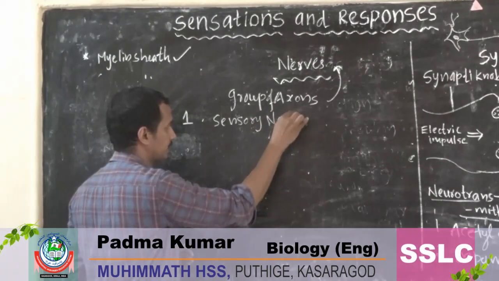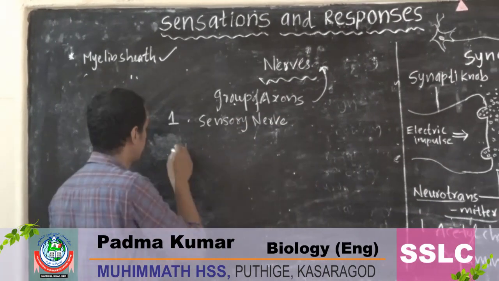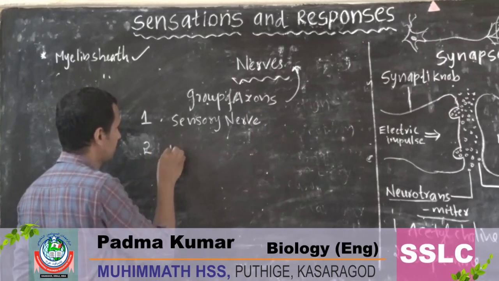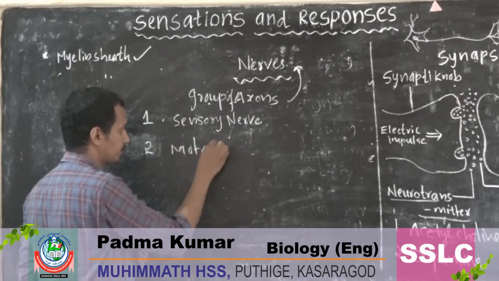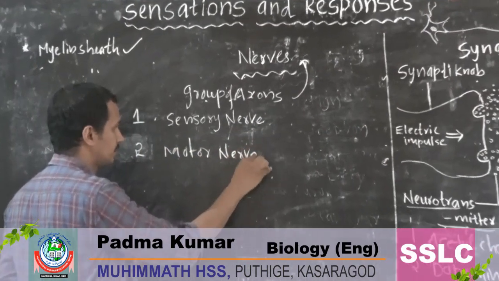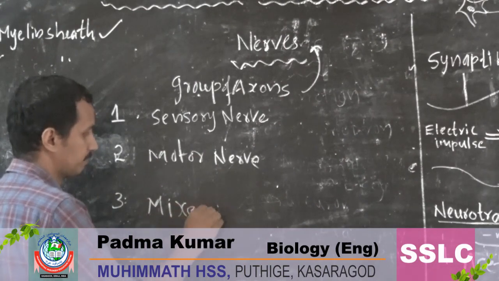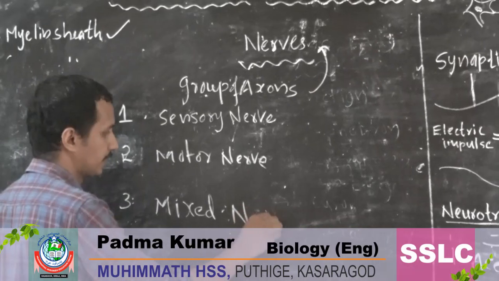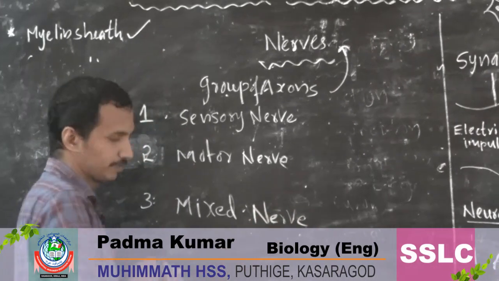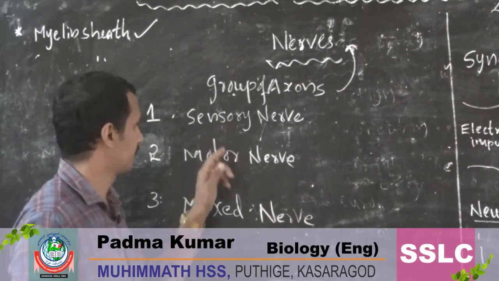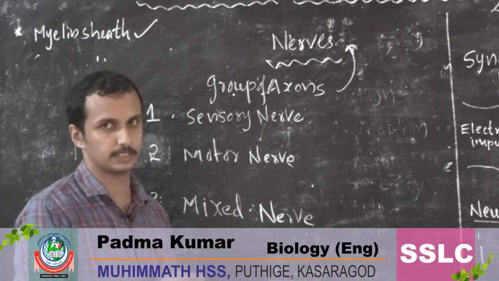Second nerve is called motor nerve, and third one is called mixed nerve. So there are three types of nerves in our body: sensory nerve, motor nerve and mixed nerve.